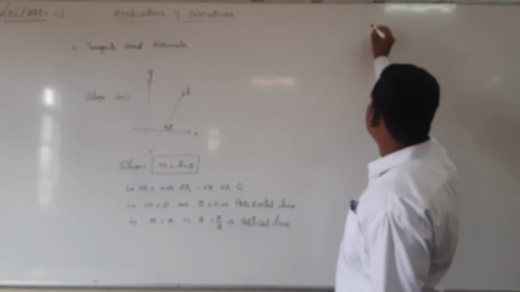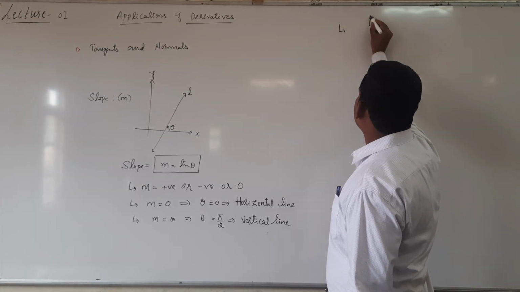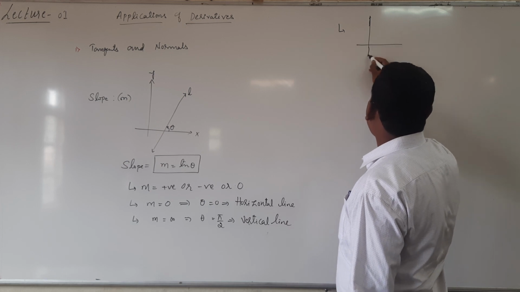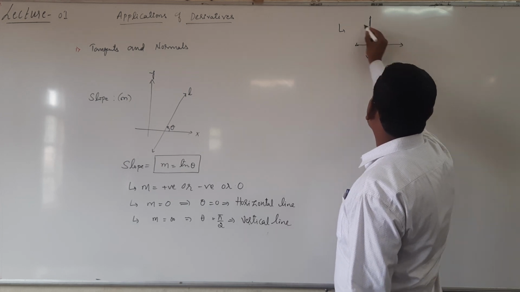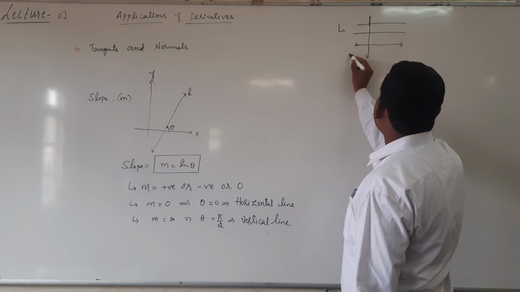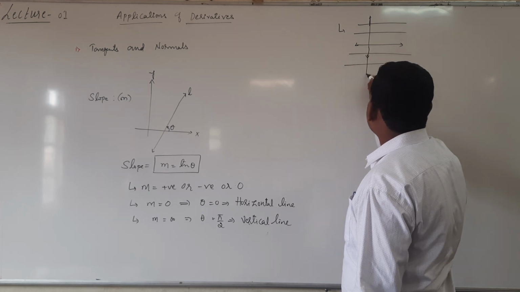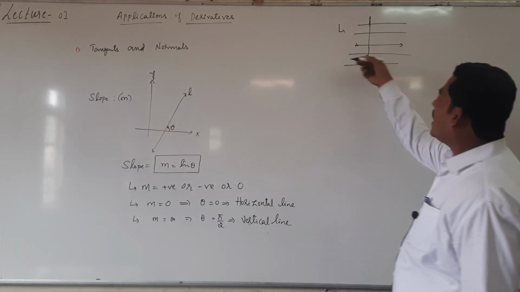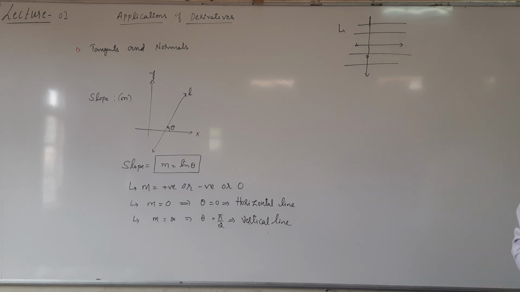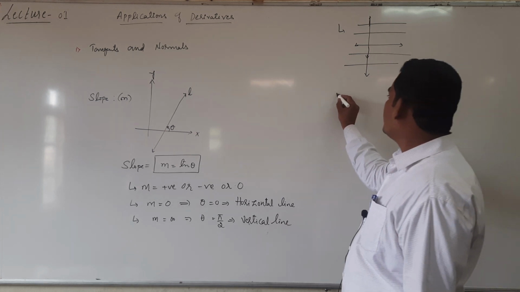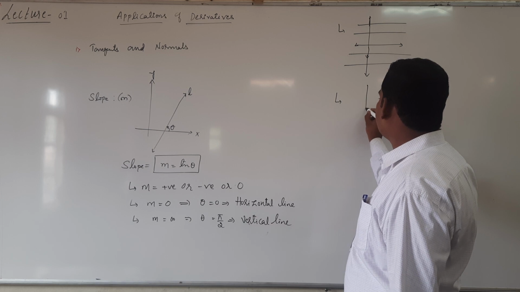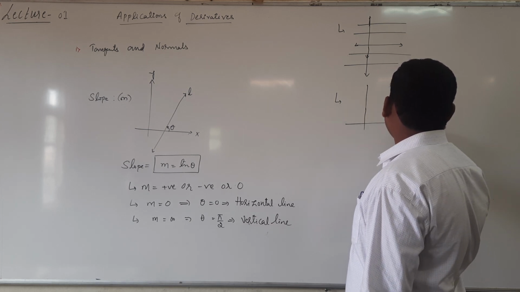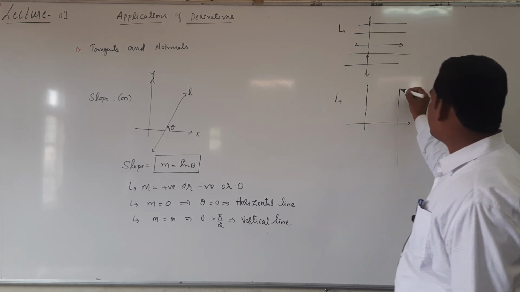Horizontal line. Just consider a 2D plane. These are horizontal lines. Any line parallel to x axis or x axis itself is known as horizontal line. What are vertical lines? Any line parallel to y axis.